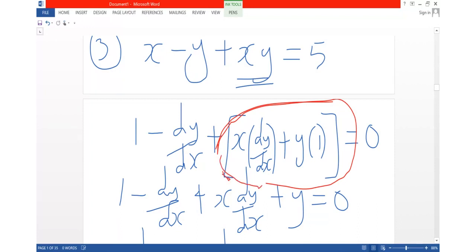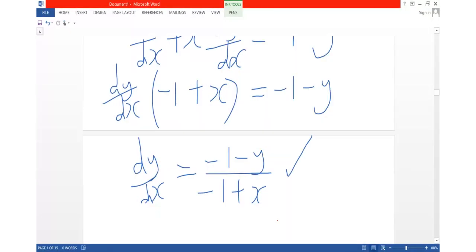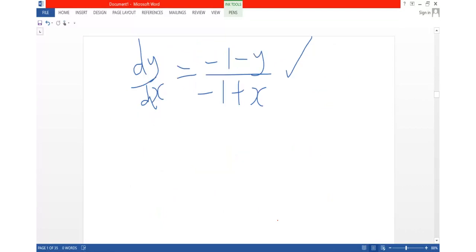Number four. I give you a simple one to try.